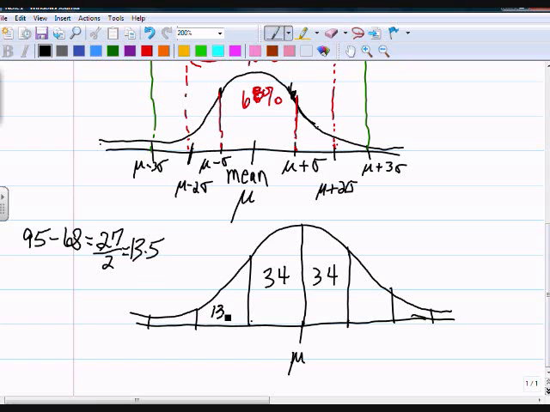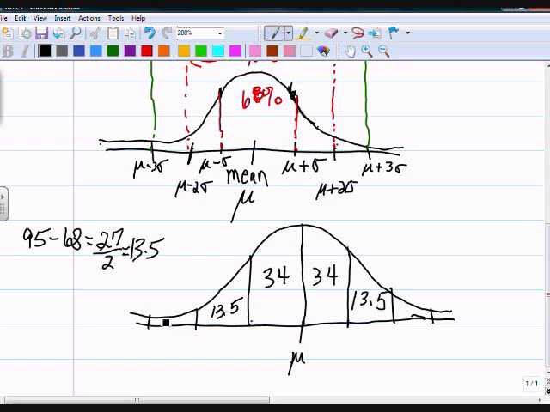Okay, for those of you who went, what did they just say? All you need to do is verify that 13.5 plus 34 plus 34 plus 13.5 is 95, and we expect 95% in all of that. Okay.